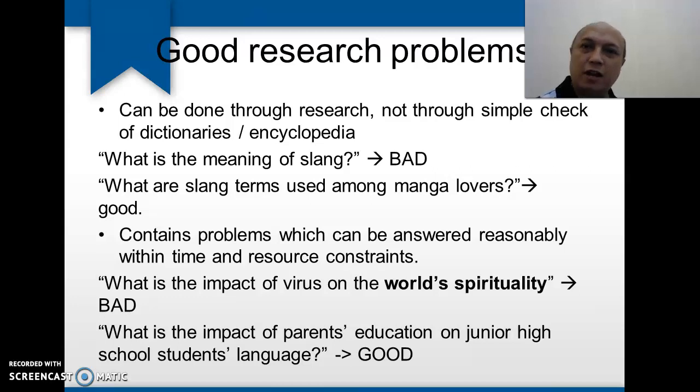You can measure the language proficiency, you can collect the data about how they speak, what words they use, all the things related to their language use. And therefore, this is a good research problem.